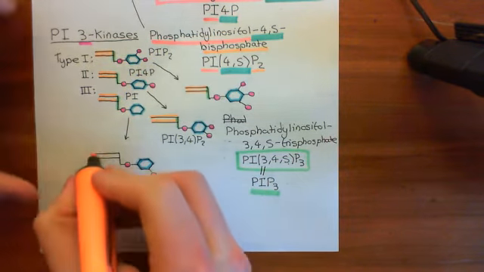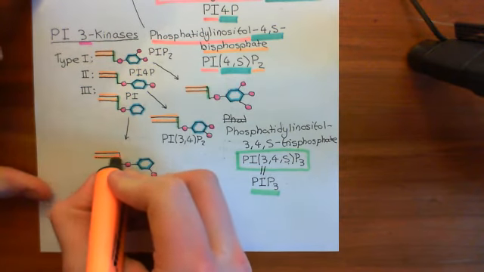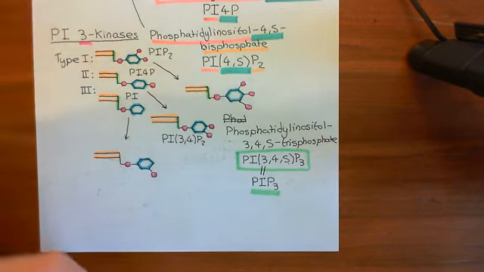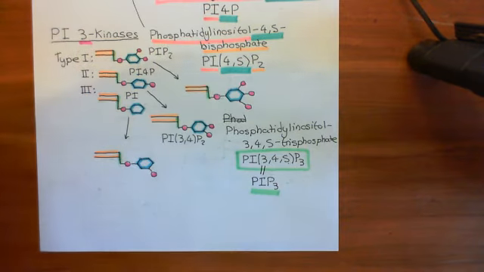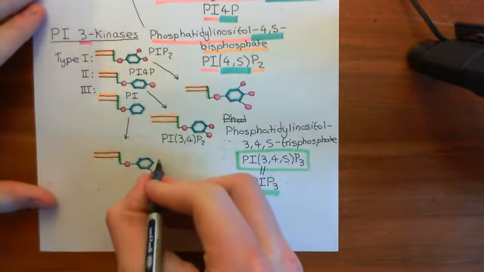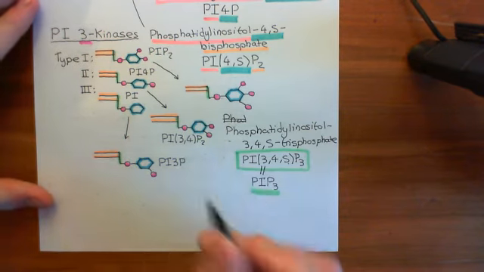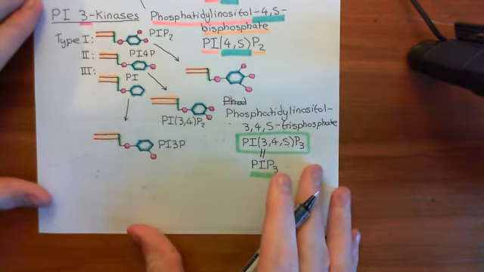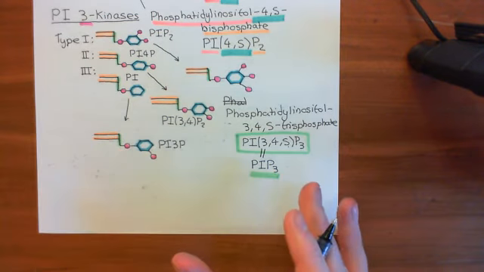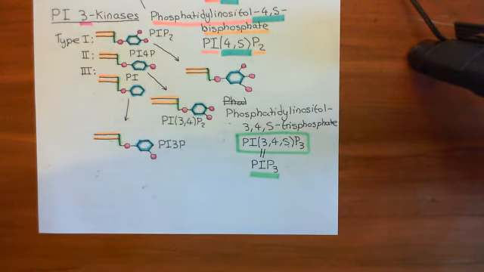Okay, and then here are the long-chain carboxylic acids, and here is the glycerol molecule in green here. Okay, so this then now is phosphatidylinositol 3-phosphate, PI3P. Okay, right. So, those are the 3 different types of phosphoinositide 3 kinases.